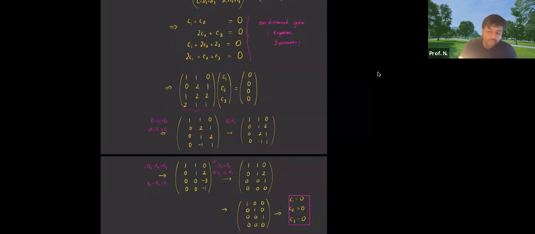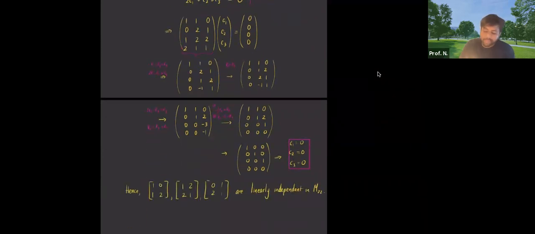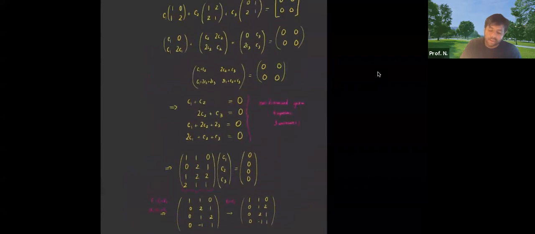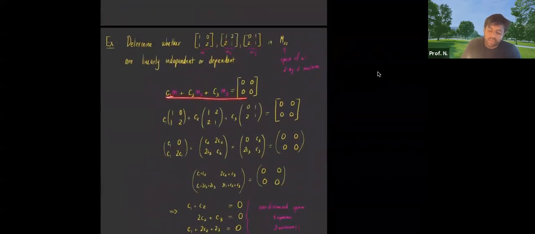So to determine the solution of the system, we have to perform Gauss-Jordan elimination. And we found that the solutions are only zeros for the coefficients of our original matrix equation.